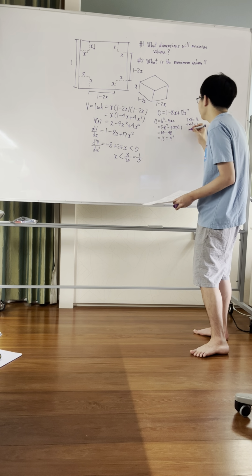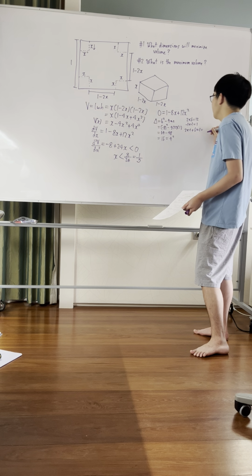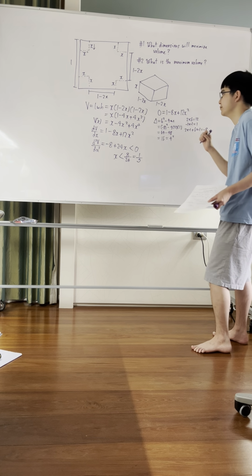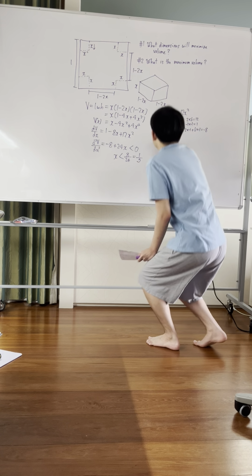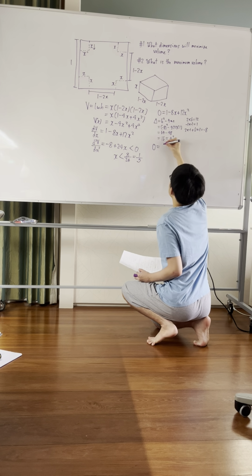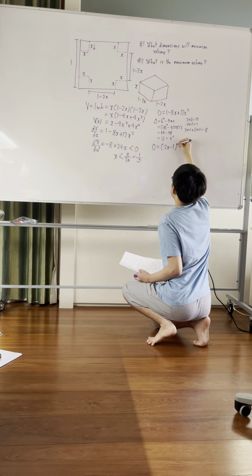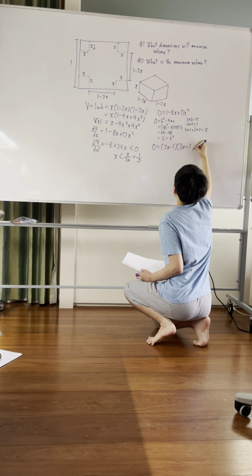If I therefore get 2 times negative 1 plus 6 times negative 1, that will give me minus 8. And so this quadratic can be factored out into 0 equals 2x minus 1 times 6x minus 1.